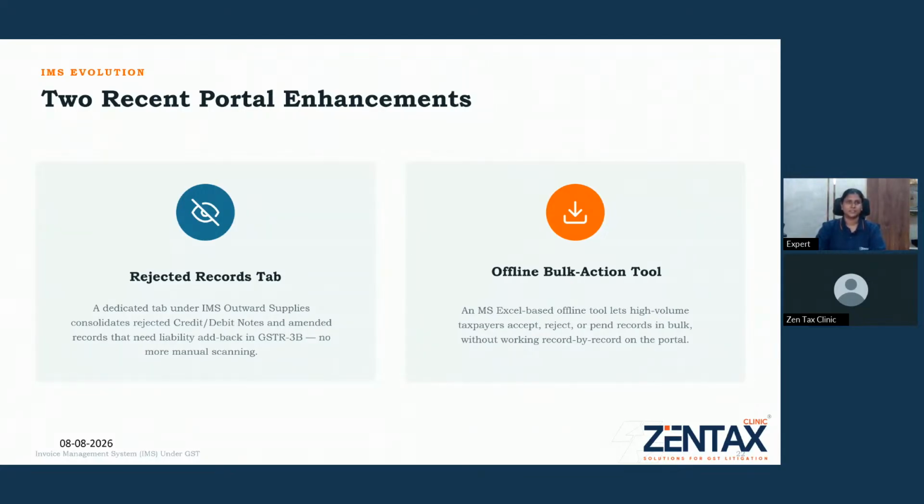Another option is the offline bulk action tool, an Excel based offline utility which lets high volume taxpayers accept, reject, or make records pending in bulk without entering the records on the portal.